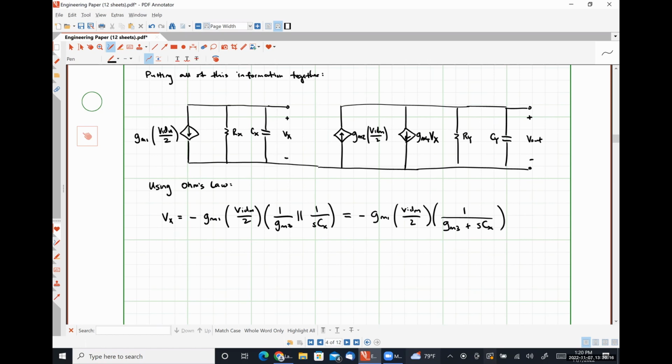All right. So now let's figure out the output.